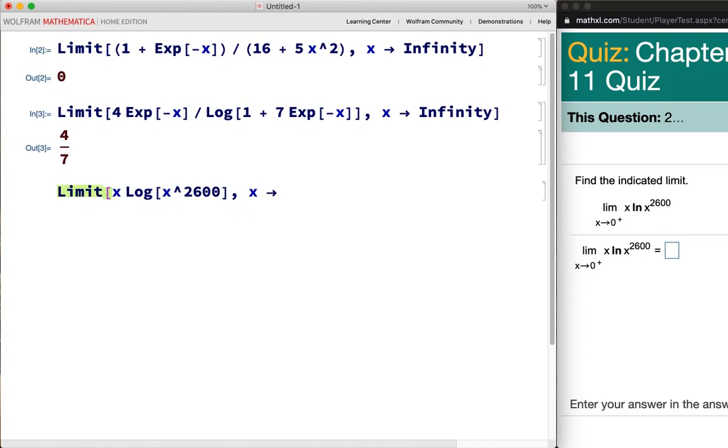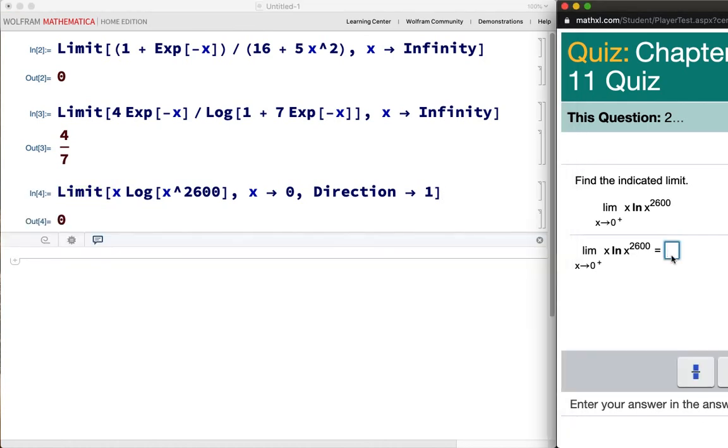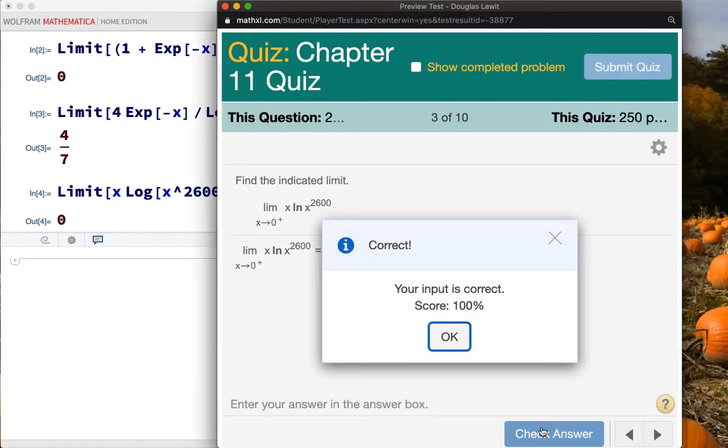X goes to 0, and we're going to say that the direction is 1, meaning that we're approaching the limit from the right-hand side, from the right side of 0. And the answer is simply 0. Okay, so again, Pearson agrees with my answer.